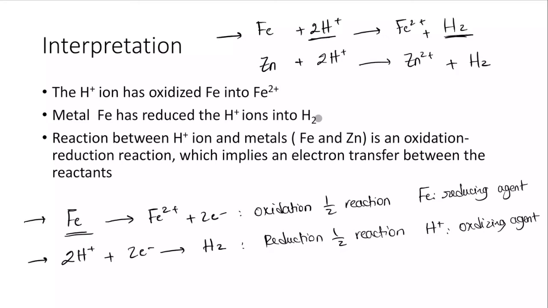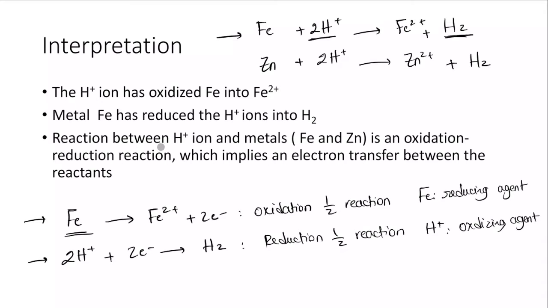So we can put this into the category that this reaction is an oxidation reduction reaction. We have a transfer of electrons, okay, from iron, which loses electrons and undergoes the oxidation half reaction, to hydrogen ions, which gain 2 electrons to become H2. Okay, whereas the Fe, the iron, was the reducing agent, and the H plus hydronium ions were the oxidizing agents.